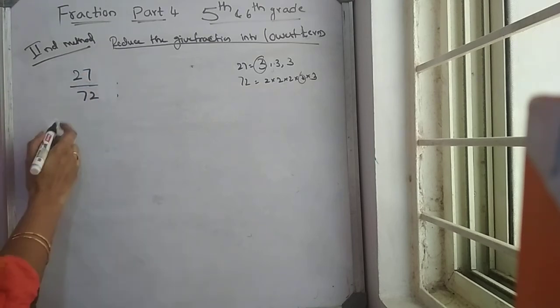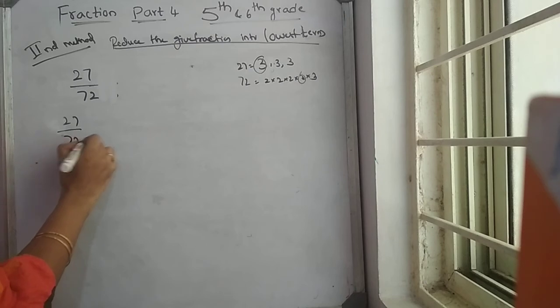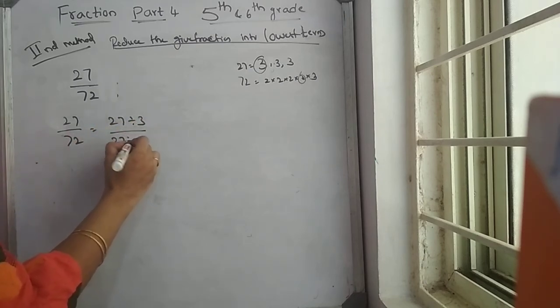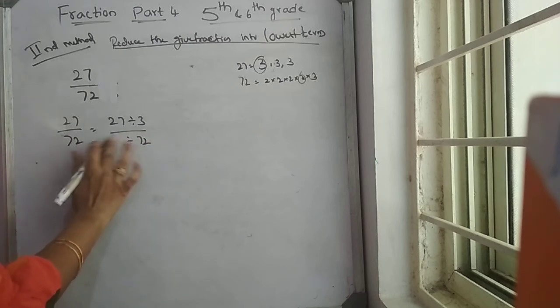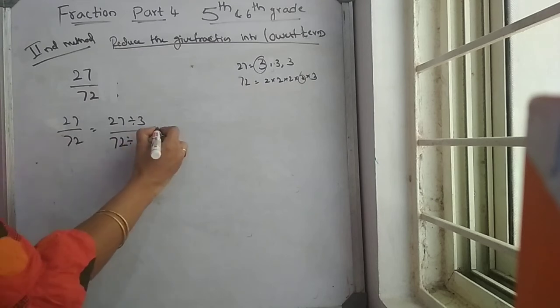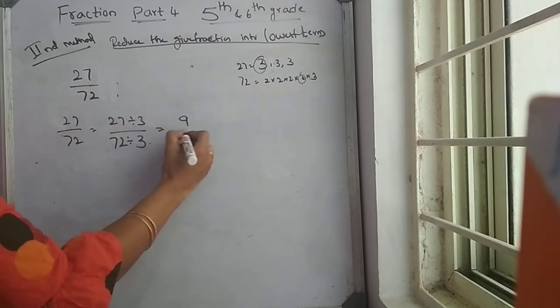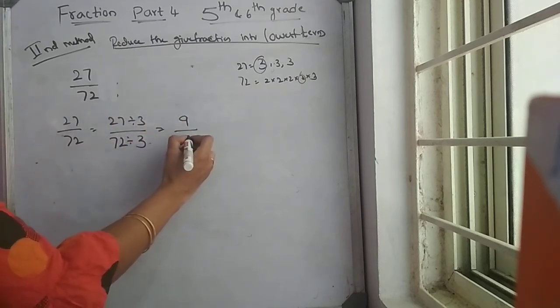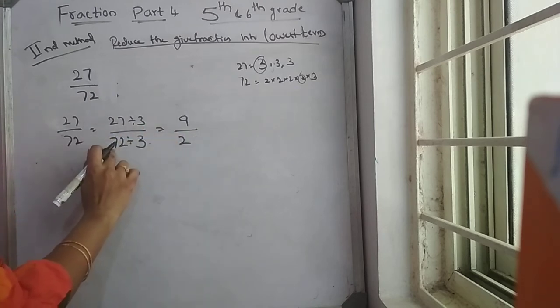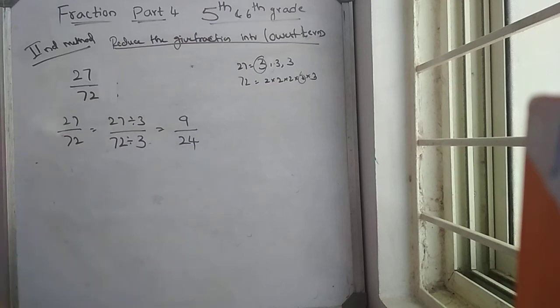First I am doing 27 by 72 equals 27 divided by 3 over 72 divided by 3. 3 9s are 27, 3 2s are 6, 3 4s are 12. So we will get 9 by 24.